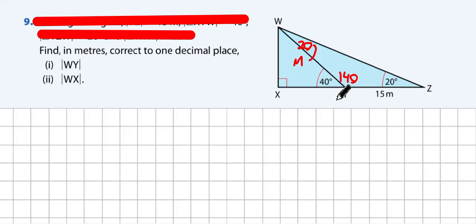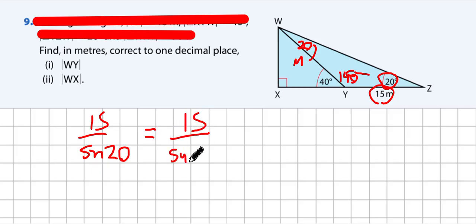So 15 over sine 20, and then the other 20 is M. But you can see how it's obvious here, can't you? 15 is 15. Sine is sine. M must be 20. But if you didn't want to do it that way, what do we normally do?